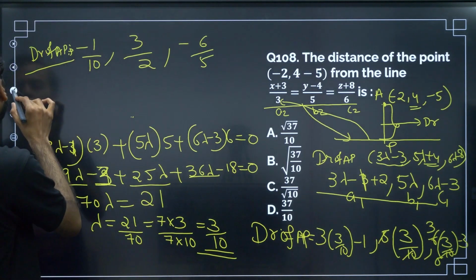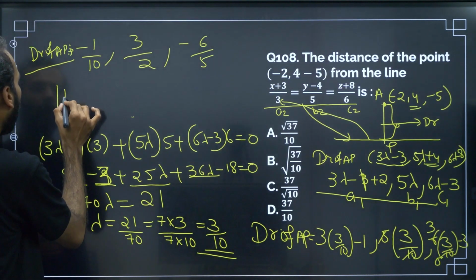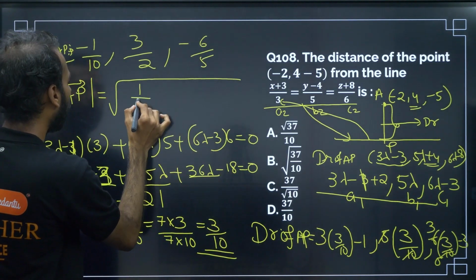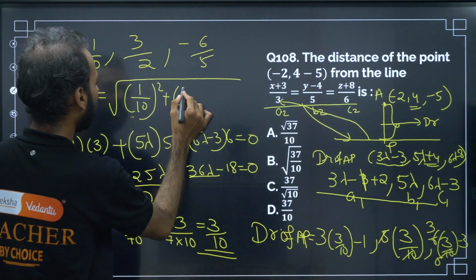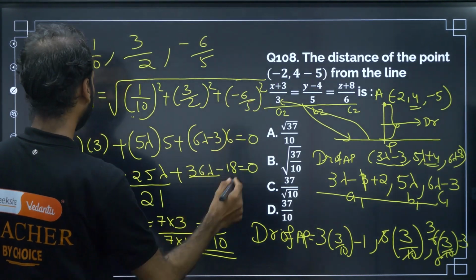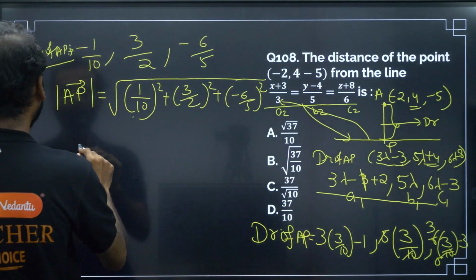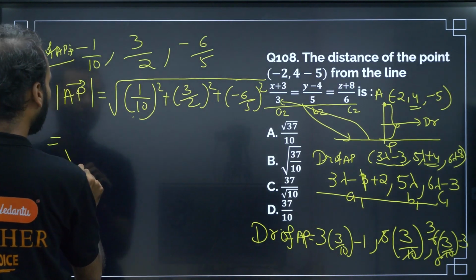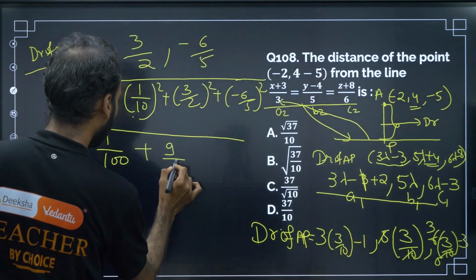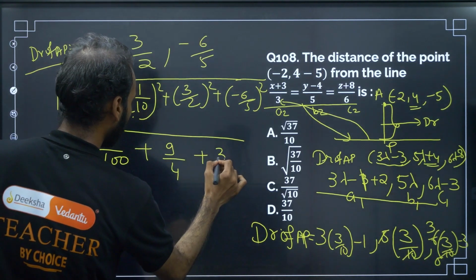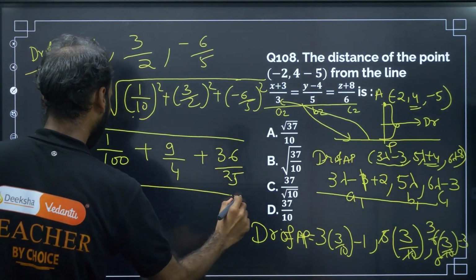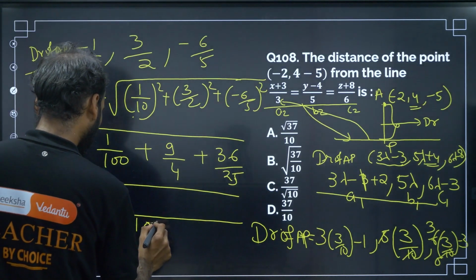Now let me apply the magnitude function to this direction AP. So this becomes the root of 21 by 10 squared plus 3 by 2 squared plus 6 by 5 squared. Square it and write in this step. So under the root of 441 by 100 plus 9 by 4 plus 36 by 25. 100 is the LCM.